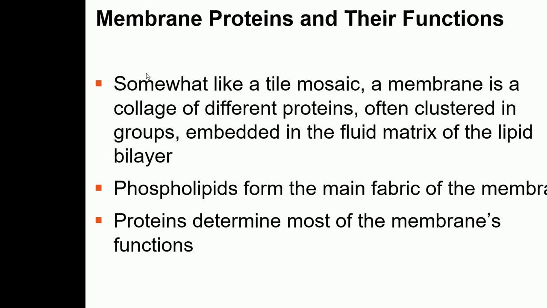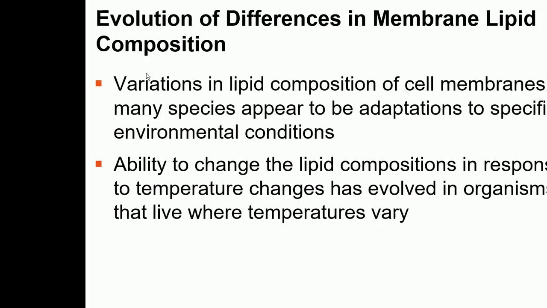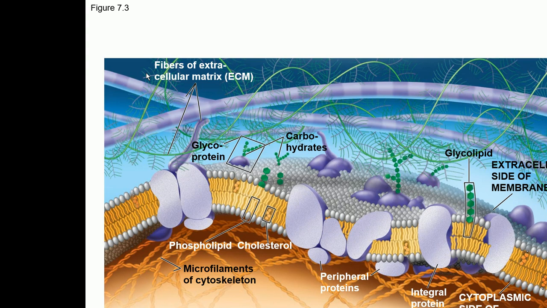Okay, now we are going to talk about the membrane proteins and their functions. The proteins which are embedded in the membrane can be peripheral proteins or integral proteins. Let me go back to this picture and show you here. In the fluid mosaic model, you can see this is the phospholipid bilayer, and these are the different proteins embedded in the phospholipid bilayer.